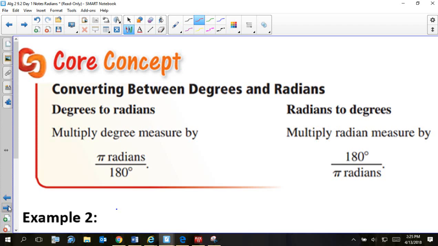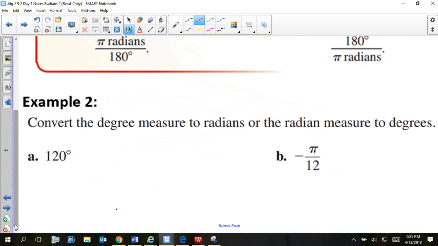So what I'm going to be doing is multiplying by values of 1 that just change the appearance, not the answer. When we convert this degree to radian, you're going to multiply by a value of 1. This is over 1. I'm going to multiply by a fraction, but the fraction has to have degrees on the bottom so that it cancels with degrees on top, just like we did in that big chapter with canceling stuff.